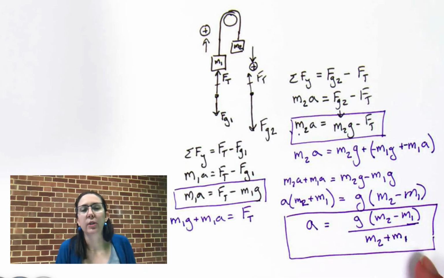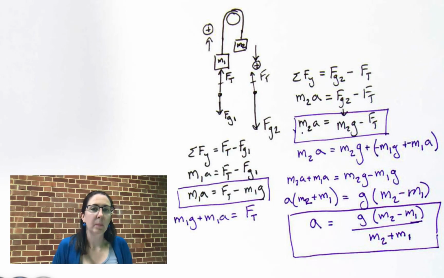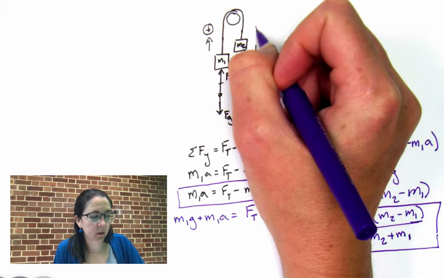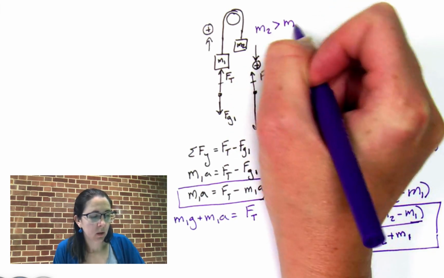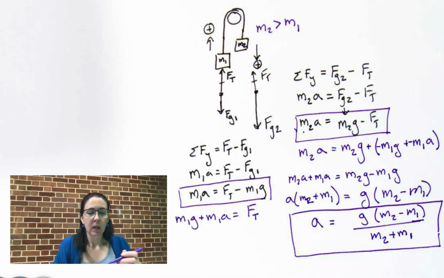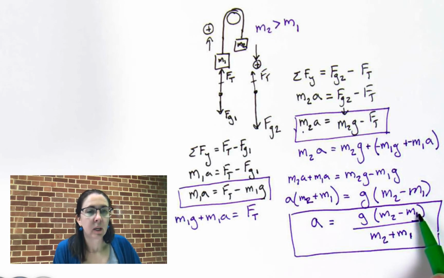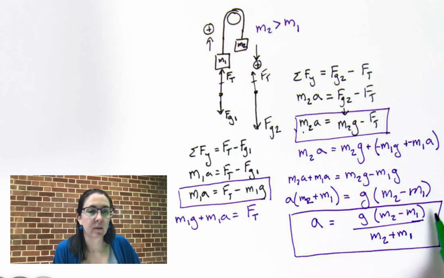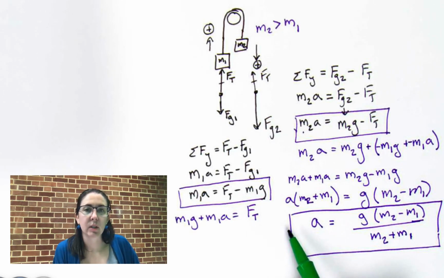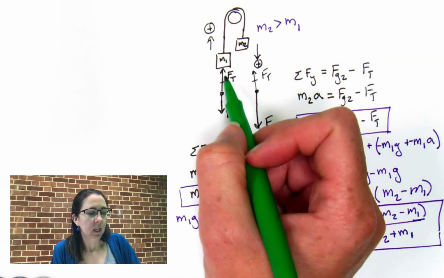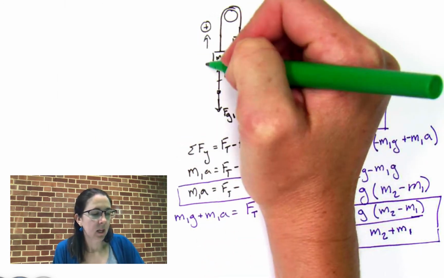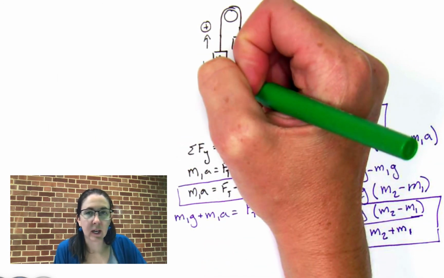I know you're wondering, what happens if, like I assumed up here, M2 was greater than M1, and that's going to send it going in this way. Now, what happens if M1 is greater than M2? Well, if M1 is bigger than M2, then this right here becomes negative, and then you'll have a negative acceleration, meaning when I look up here, if this direction is positive, then you'll have a negative acceleration.